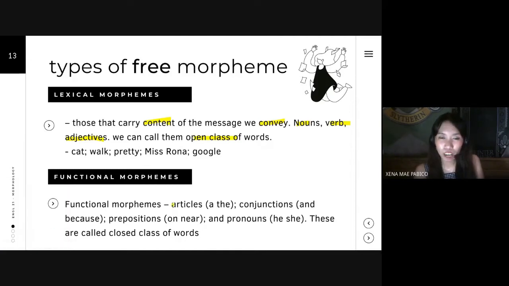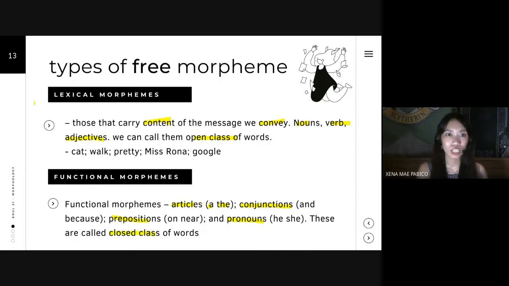So examples of these are articles, conjunctions. I mean, articles a, the. Even if you say, the, it doesn't have any content. It doesn't mean anything. But since it can stand on its own, it's a free morpheme. So, examples are articles, conjunctions, prepositions, and pronouns. And because we can't add more functional morphemes, they are called closed class of words.